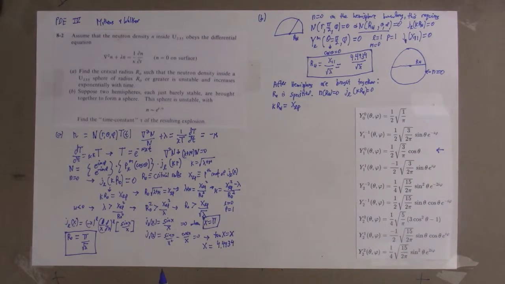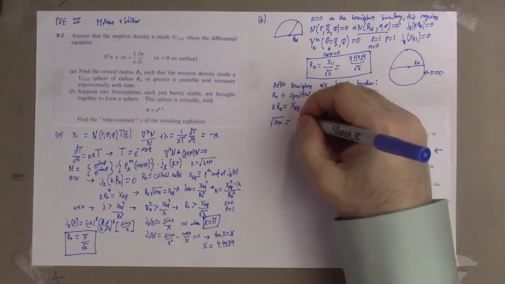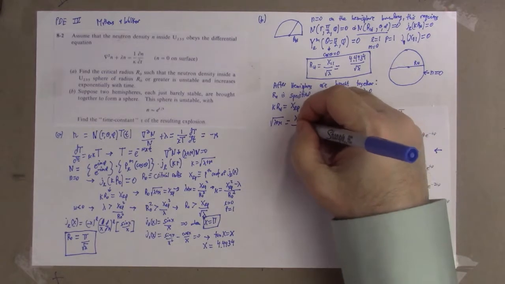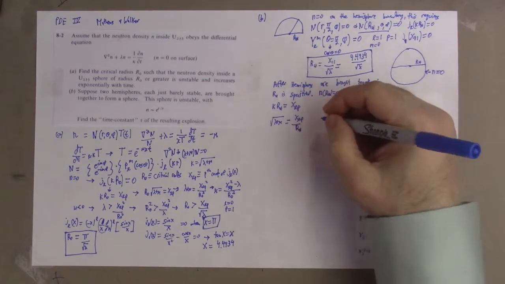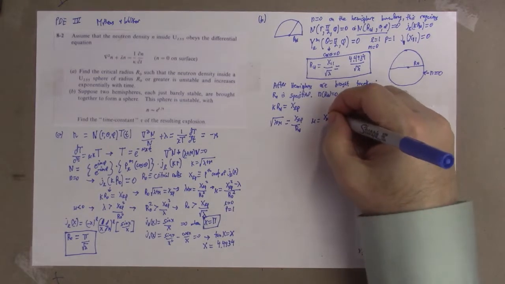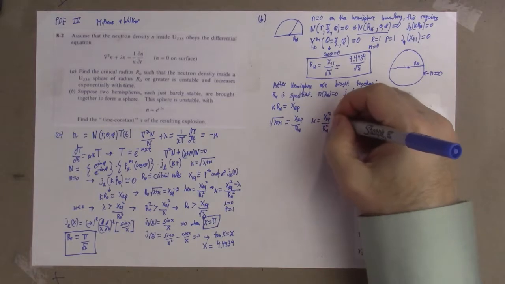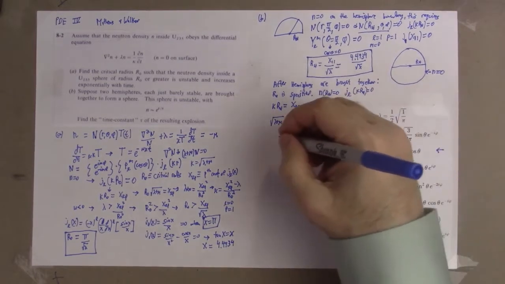And so we can calculate from that. So we're going to get the square root of lambda plus mu is equal to X_LP over RH. This implies mu equals X_LP squared over RH squared minus lambda.